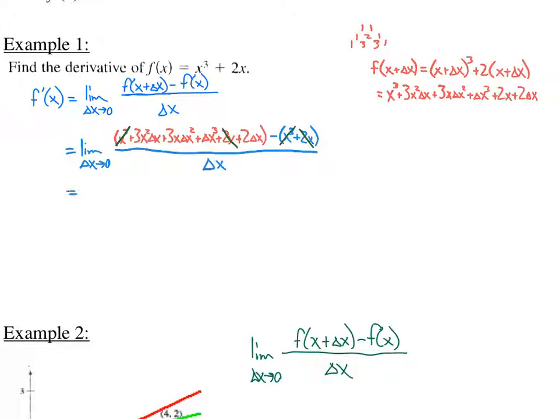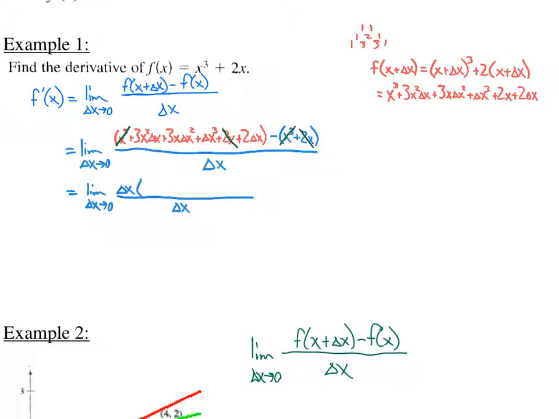So check this out. We've got the limit as delta x approaches 0. And remember, the problem here is that if we just plugged in a 0, we'd get 0 divided by 0, right? Well, now I have a 3x squared delta x. And actually, I'm going to go ahead and factor out the delta x from everything that's left. Okay?